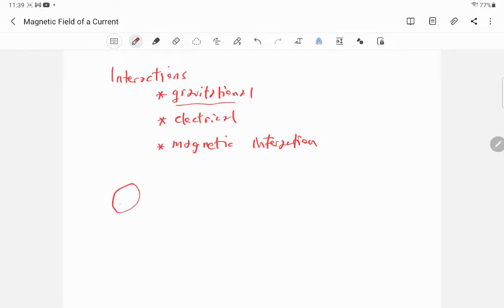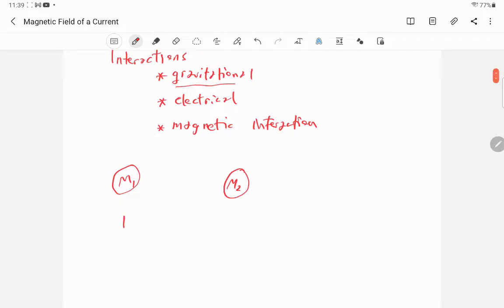Gravitational interaction happens, let's say, between mass 1 and mass 2. It's an interaction between masses. It's fundamental and you can't turn it off.